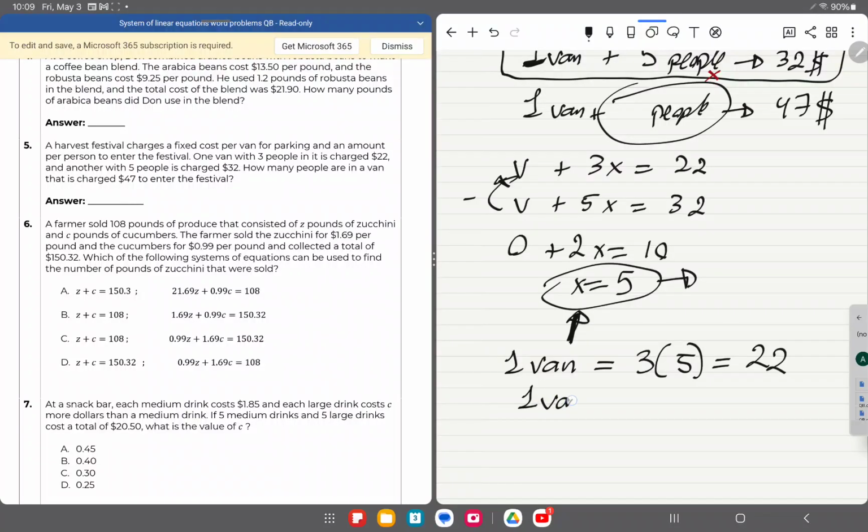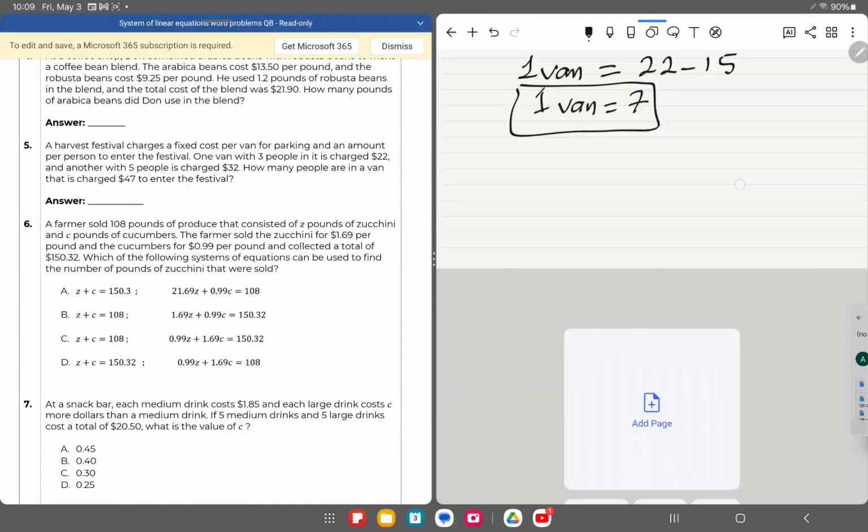So one van is equal to 22 minus 15. One van is equal to 7. So this is what I care about now.